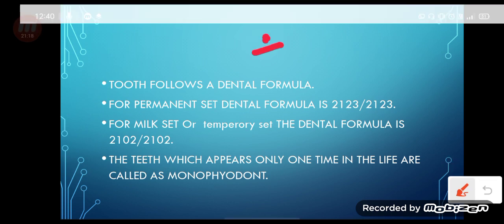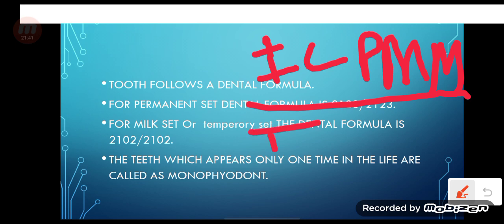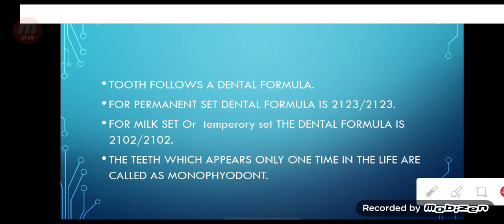The first one denotes incisors, the second one denotes canines. Here 2 denotes incisors, 1 denotes canines, and again 2 denotes premolars, and the last 3 denotes molars. Again in the denominator it will be the same. I C PM M.